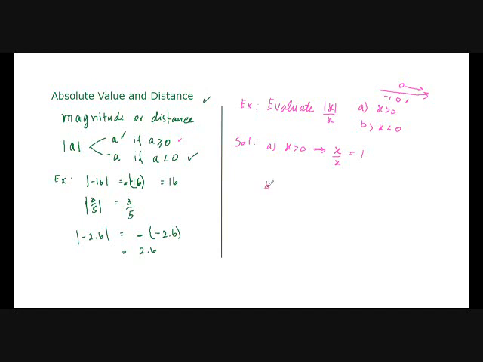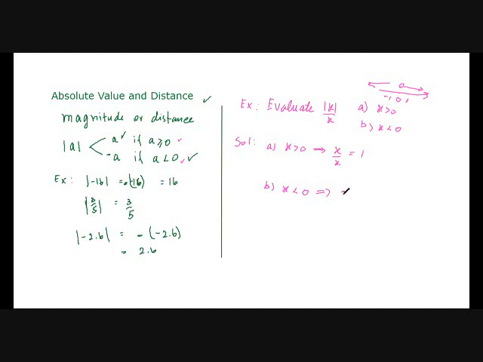How about the second one, if our x is less than 0? Then we go to this side, crossing to the negative side. In this case we use the second definition here, when x is less than 0. That means our x inside should be negative.